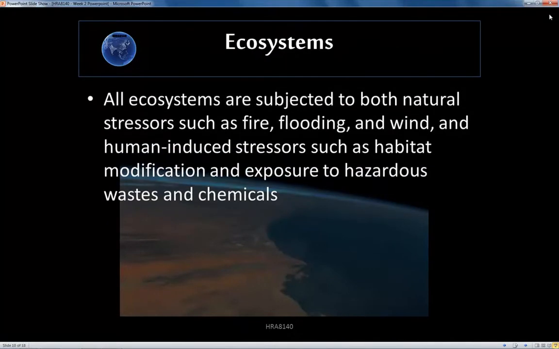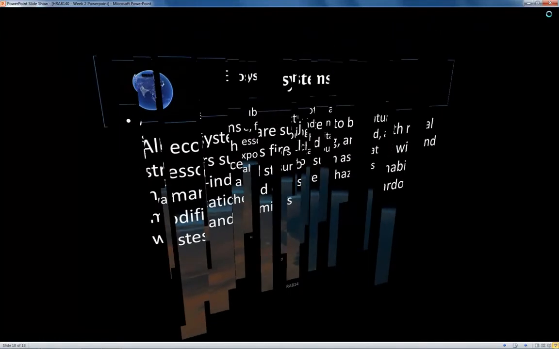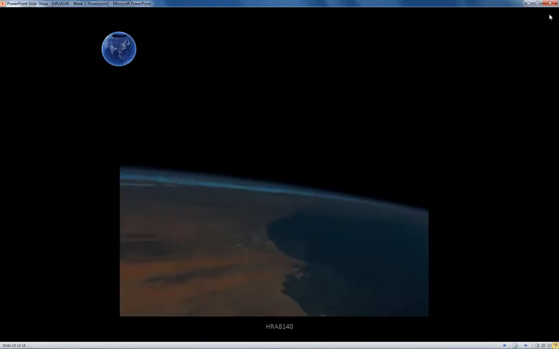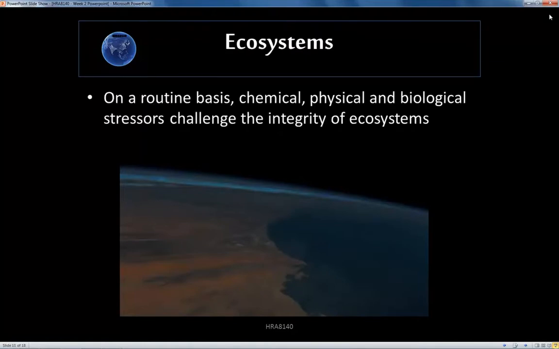All ecosystems are subjected to both natural stressors such as fire, flooding, and wind, and human-induced stressors such as habitat modification and exposure to hazardous wastes and chemicals. On a routine basis, chemical, physical, and biological stressors challenge the integrity of ecosystems.